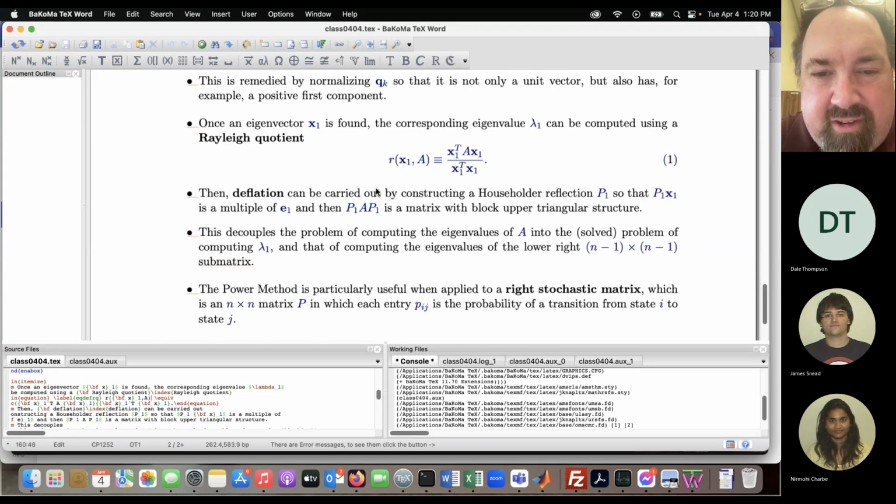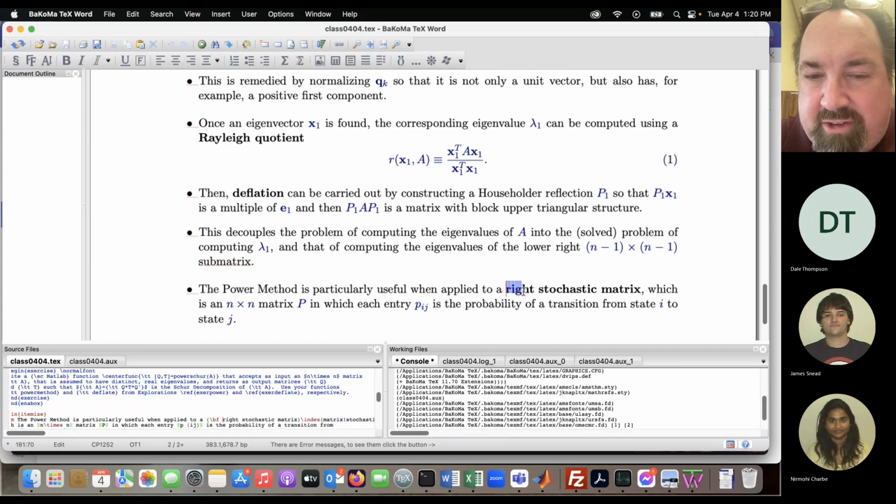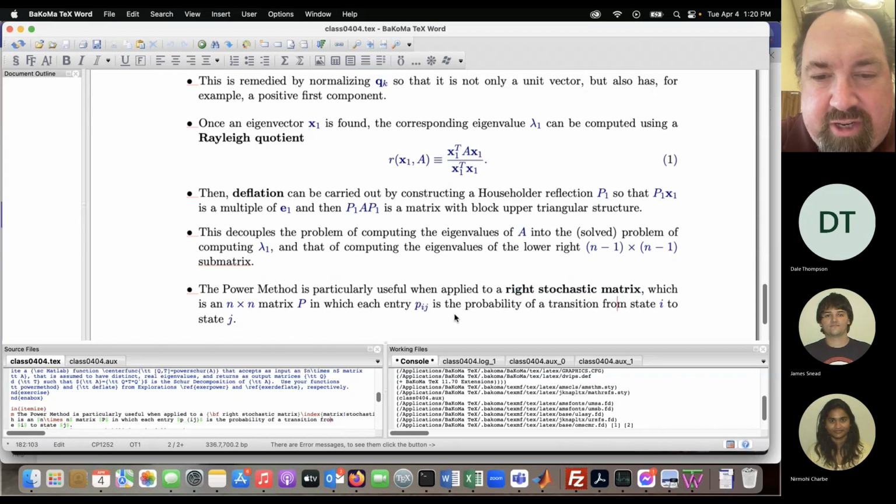We'll come to look at alternatives shortly. But first, before leaving the power method itself, we'll talk about one application of interest that actually affects pretty much everybody. If we're applying the power method to what's called a right stochastic matrix. So a right stochastic matrix is a matrix where each entry Pij of P is the probability of a transition from state i to state j.